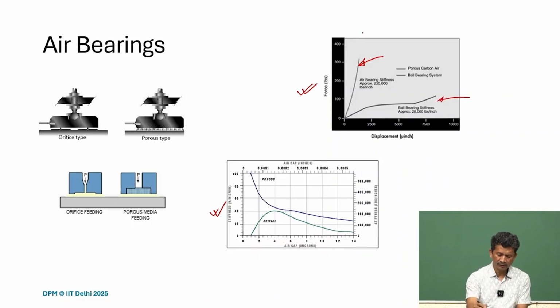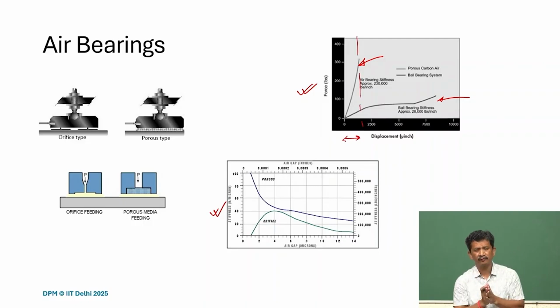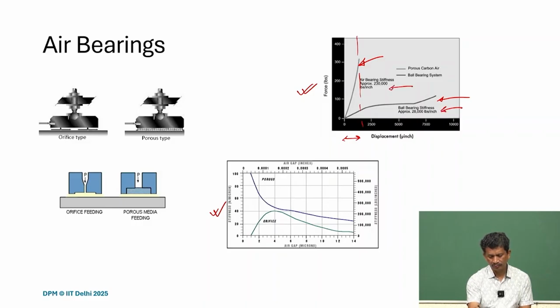In the operating range, of course the operating range for this kind of air bearing is very small, and within that range the load bearing capacity is very high, way higher than the ball bearing, and the stiffness is also very high. So, here the stiffness is also mentioned. But mind that the working range is really small.